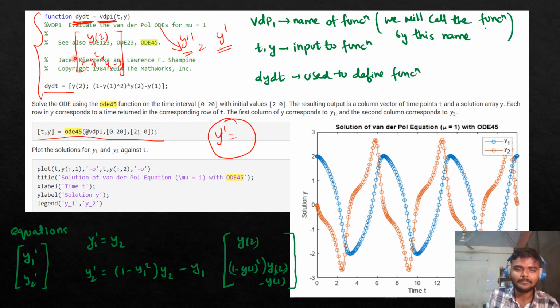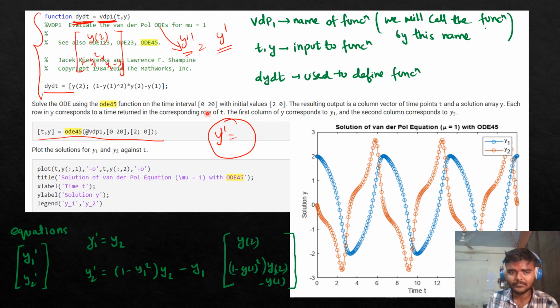So vdp1. Now we have defined one column vector, and now we are writing our snippet. So t and y. As I have told you earlier, our earlier equation was a double order differential equation.